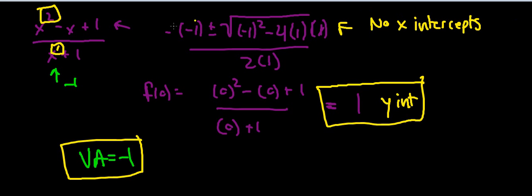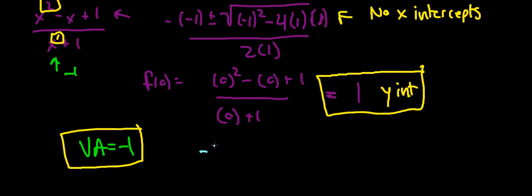And we find that oblique asymptote by just dividing out the denominator. So we can do that. In this case we can use synthetic division, because the denominator is a first order, or first degree, polynomial. So let's do that synthetic division.